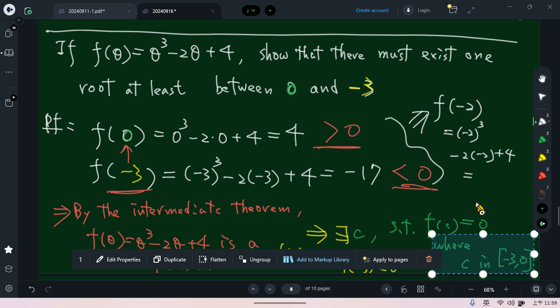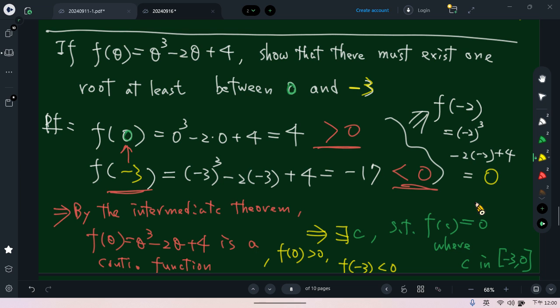So what's the value? Oh, 0. I just hit the root. Wow. So we can say this is the root.